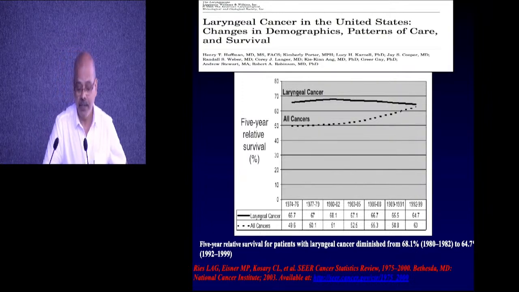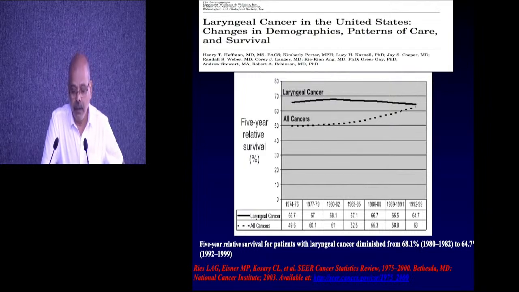Coming back to the subject, in 2003, the National Cancer Institute released the SEER data for the 5-year survival of laryngeal cancers over a period of time.